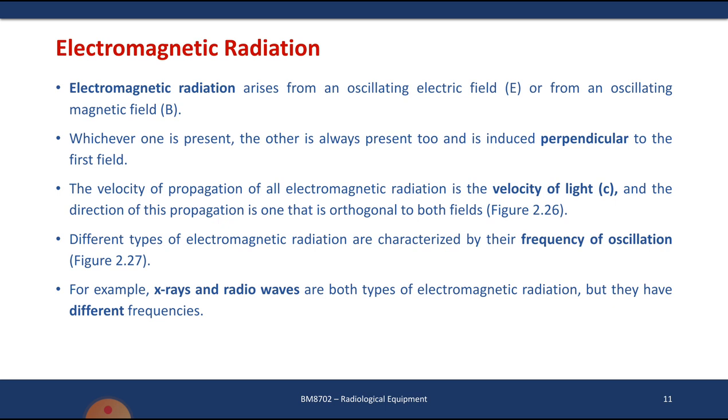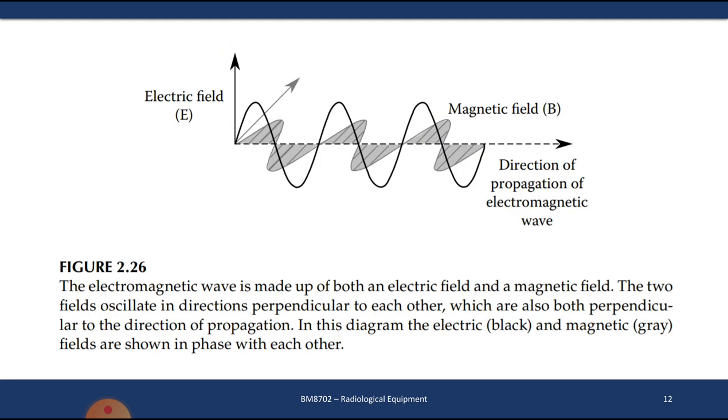For example, X-rays and radio waves have different frequencies. The radio frequency radiation is a vital part of magnetic resonance imaging. If you look at this figure, you can see the electric field and magnetic field are at a perpendicular angle. That is, one is along a straight line and the other one is at 90 degrees. So this is what we mean by electromagnetic radiation.